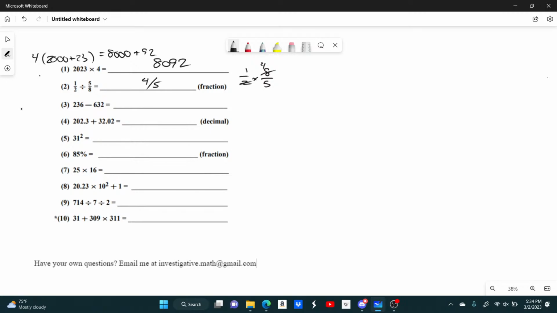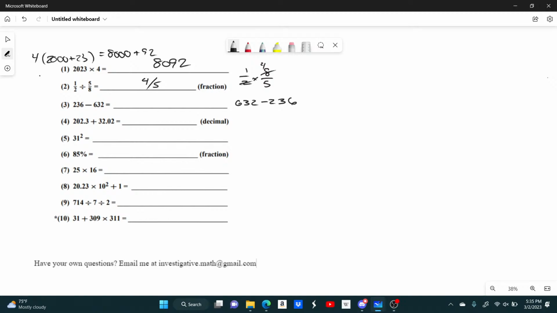Okay, let's move on. Number 3, 236 minus 632. You could just subtract this, but there is a little bit of a trick here where you're subtracting reverses. These two numbers are the same, but backwards. When you see this, first of all, you're going to have to switch them because you're going to get a negative number. So you see 632 minus 236.